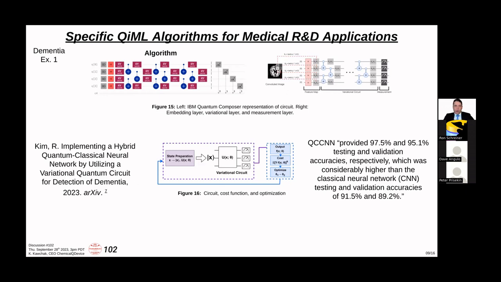And then they give another graphic here, and I think it was Ryan Kim, implementing a hybrid quantum classical neural network by utilizing a variational quantum circuit. Now, as far as the nomenclature and the names with a lot of these things, you'll see a lot of these longer type names. Most, if not all, are going to be quantum-inspired methods, just because the quantum computers have way too much noise.